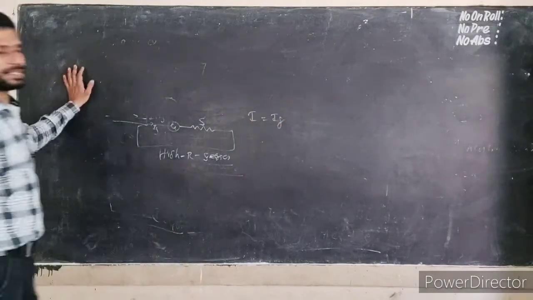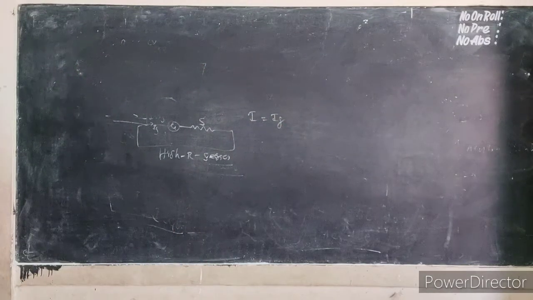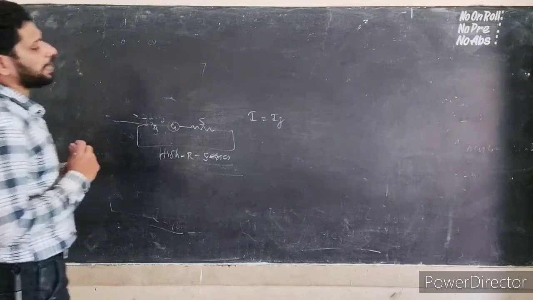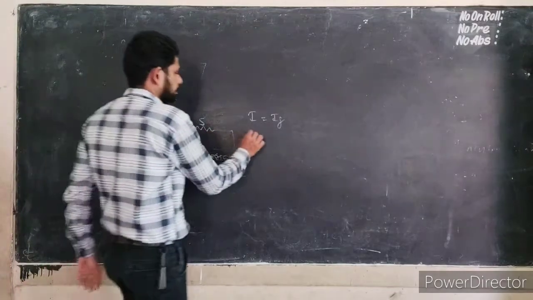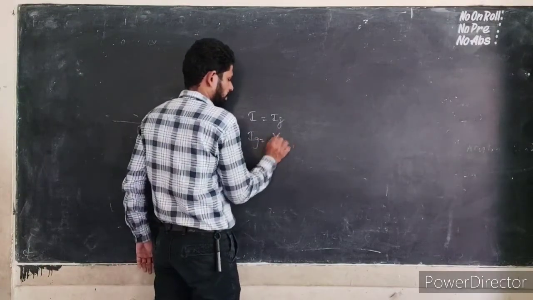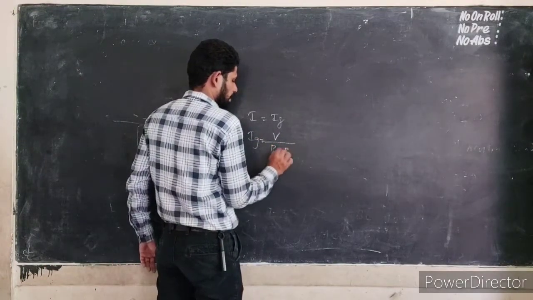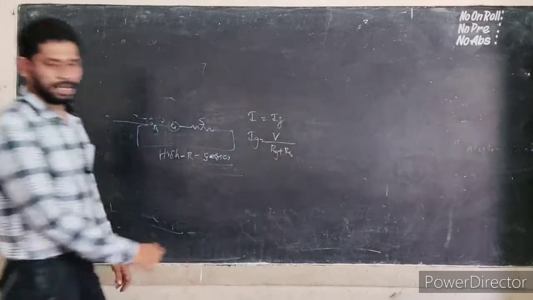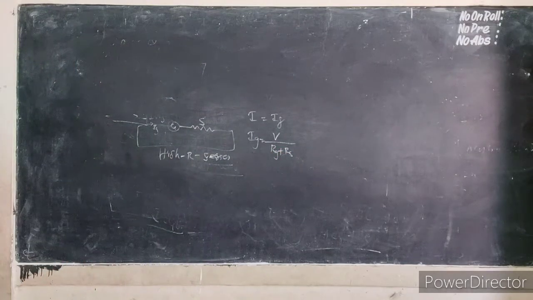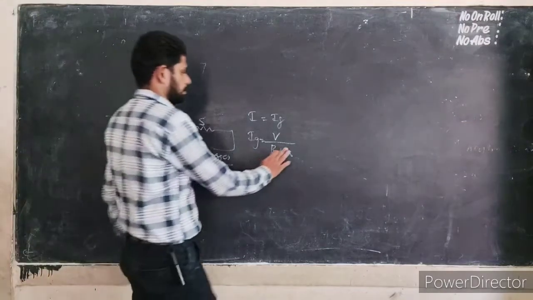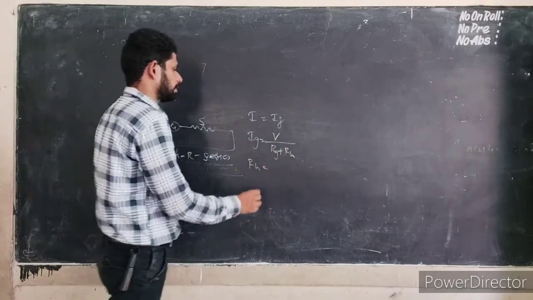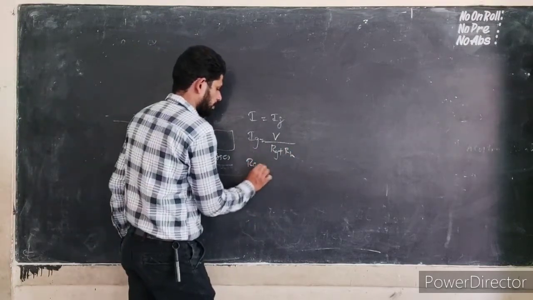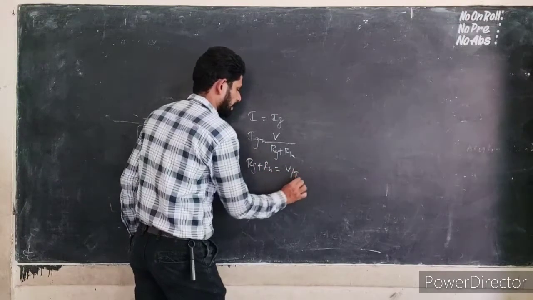Ig is nothing but the potential difference divided by the total resistance. So Ig will be equal to V divided by (Rg plus Rh), the galvanometer resistance plus the high resistance. From here, Rg plus Rh will be equal to V by Ig.